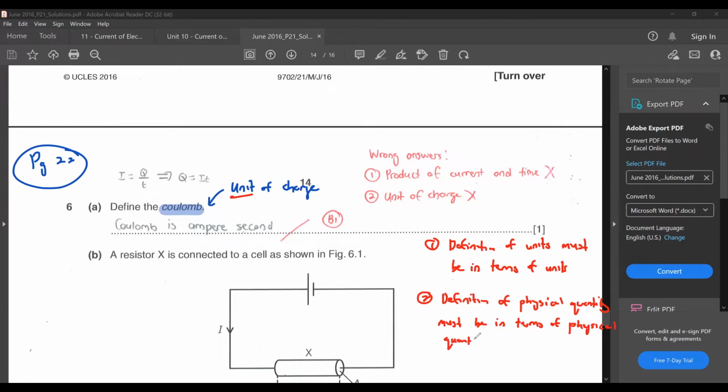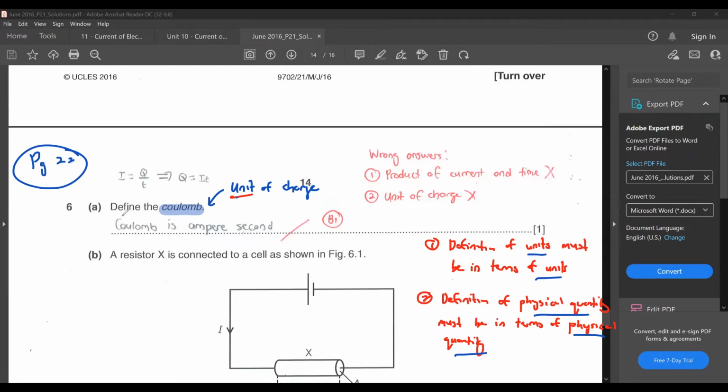Okay, so under the first chapter, you learn what is the difference between physical quantity and units, right? So when you look at your definition questions, if you have definitions of unit, please make sure that your definition is in terms of units. But conversely, if it's definition of physical quantity, make sure your answer is in terms of physical quantity.